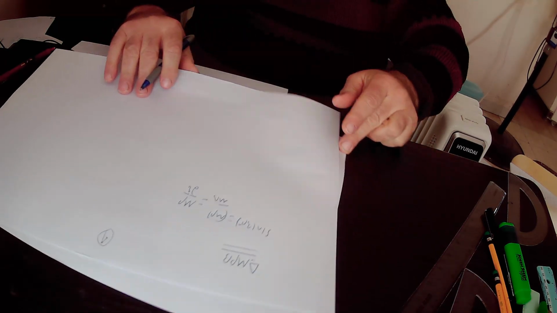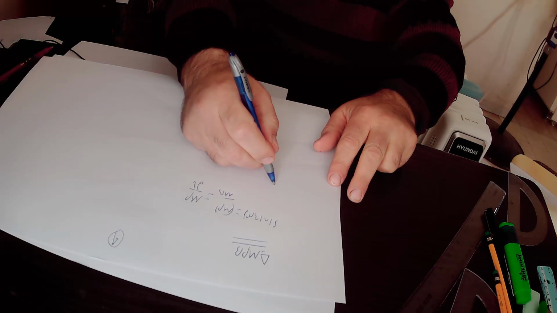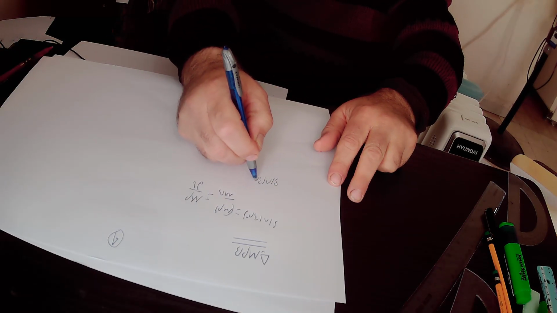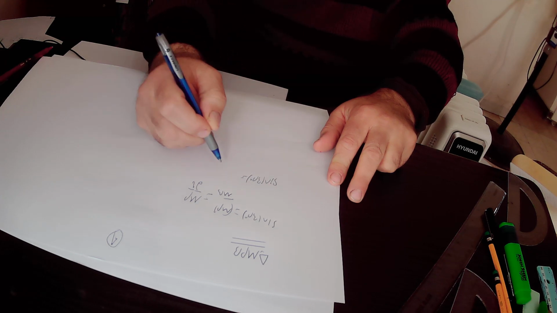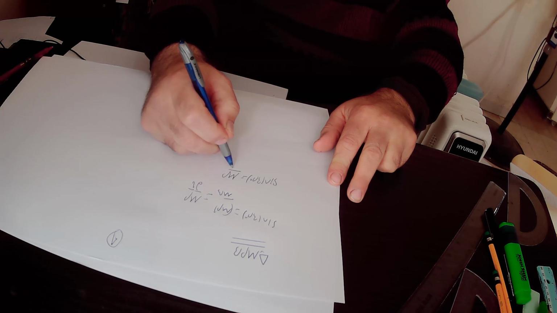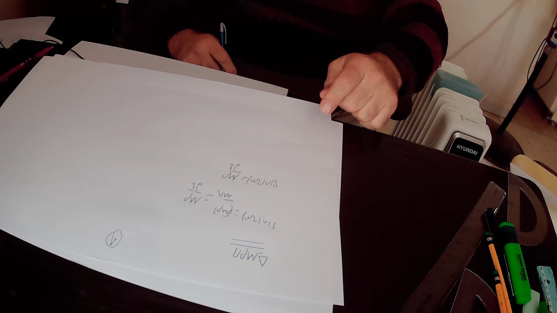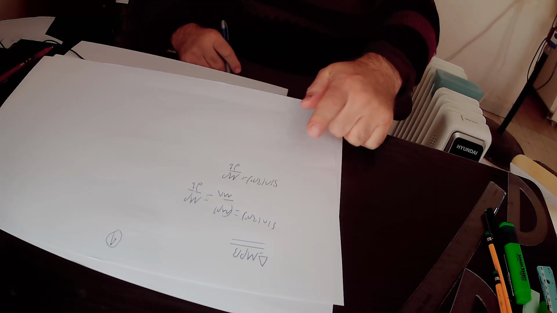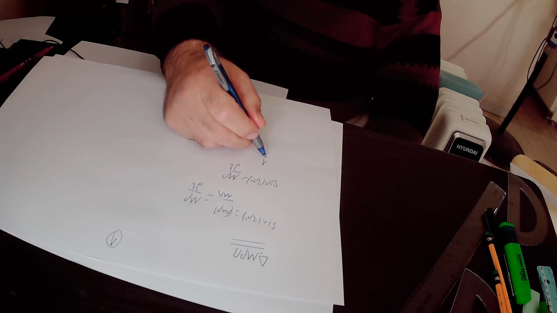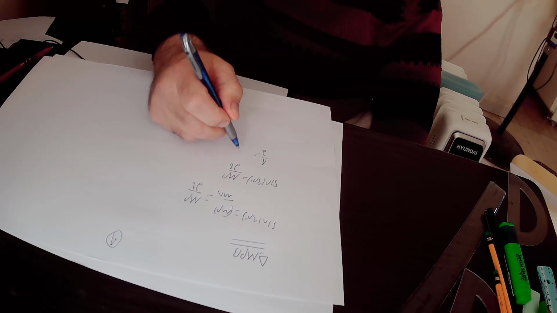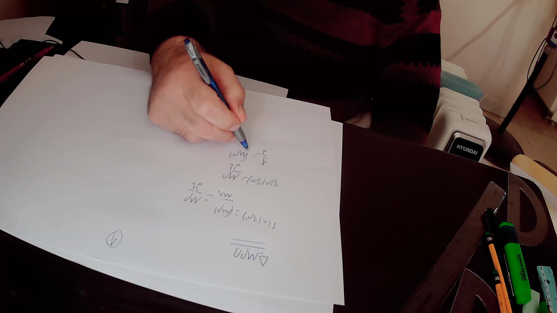So in total, we found out that sine 30 degrees equals MP over 2B. Sine 30 degrees is 1/2, so let's substitute sine 30 degrees by 1/2. So 1/2 equals MP over 2B.